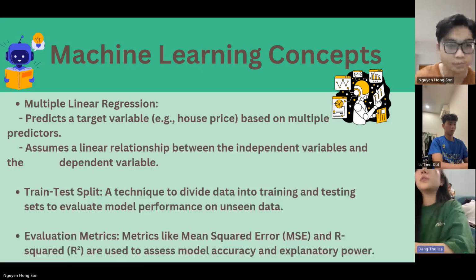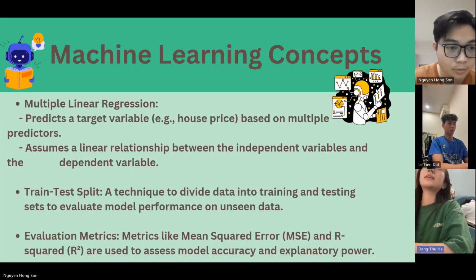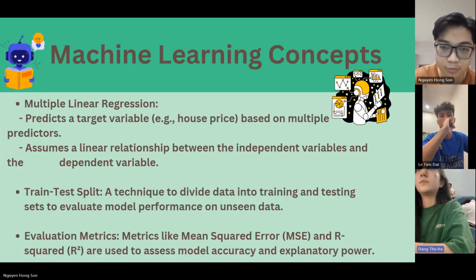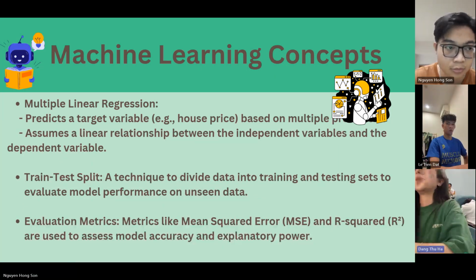We use multiple linear regression. It is for predicting a target variable based on multiple predictors, assuming a linear relationship between the independent variables and the dependent variable.